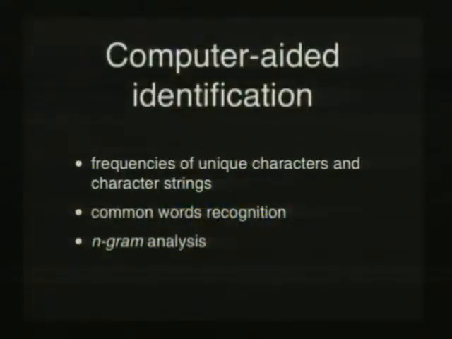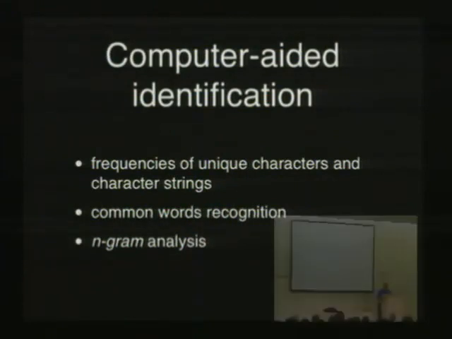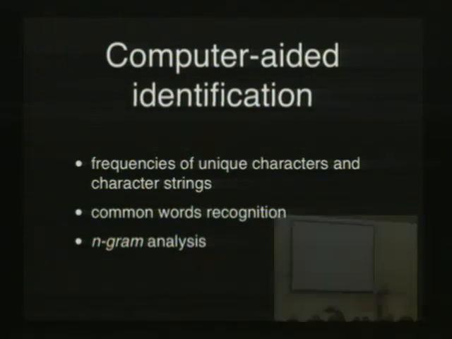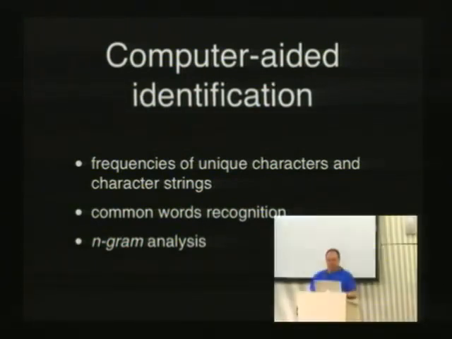Another approach is common words recognition, which is a method based on word frequency lists, which are generated from sample texts. The text can be analyzed word by word and compared to the list of, let's say, the top 100 words in the frequency list.